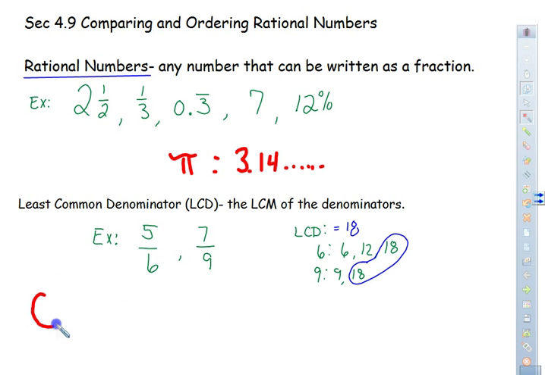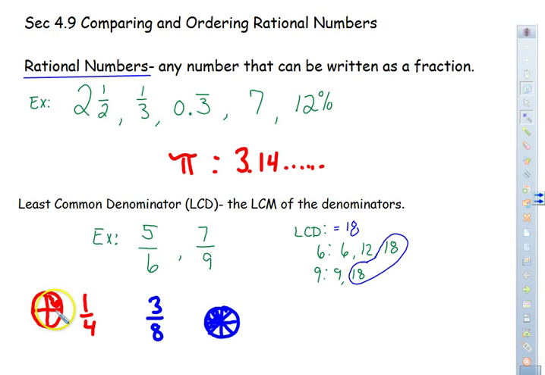For example, when we have a slice of pizza and one of them is shaded in to where it's 1/4, we have to make sure that we divide this pizza, if we're comparing, let's say, another possible pizza, which is 3/8, and we have this divided into eighths, and we have 1, 2, 3 slices shaded in.